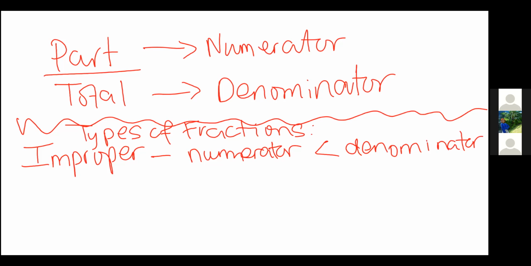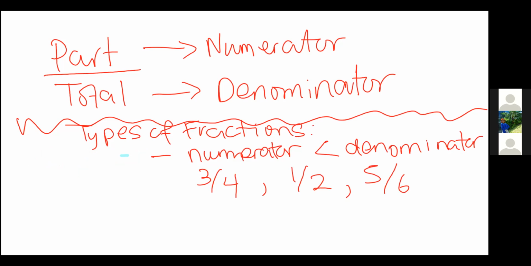So the number at the top is smaller than the bottom. For example, 3 out of 4, 1 out of 2, 5 out of 6. Once my numerator is smaller, it's called a proper fraction.